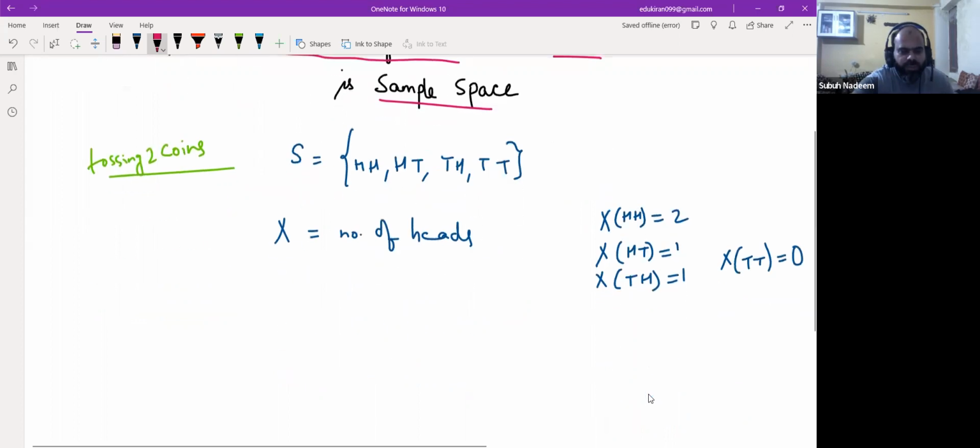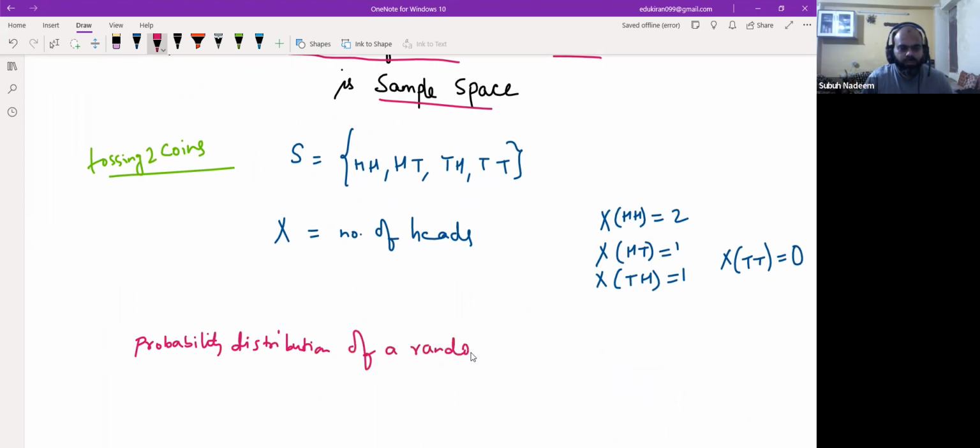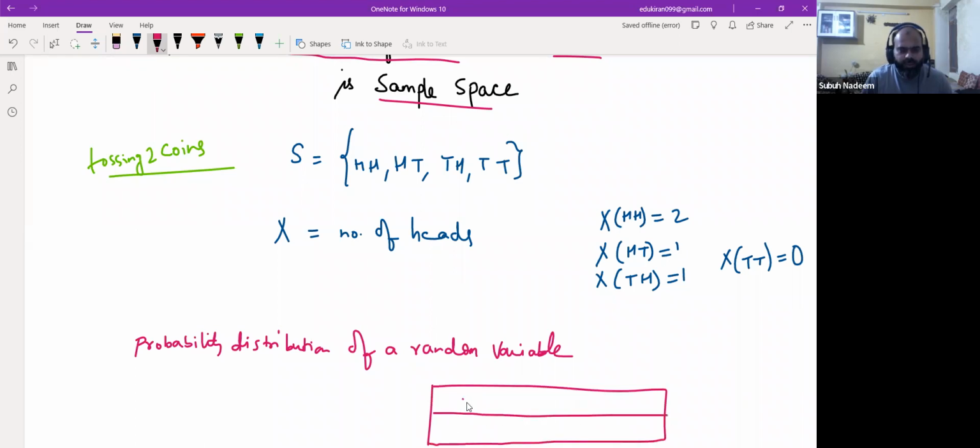So here, if we see the probability distribution, it would be like X and P. Now X values, as you can see above, have come 0, 1 and 2.